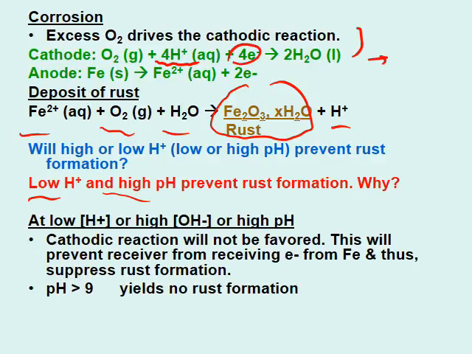If the cathode doesn't accept electrons, then electrons would not be thrown out by the anodic reaction, which gives off electrons. So basically you need to multiply by 2 in order to understand the overall reaction. So that's how it prevents rust formation. High pH is going to prevent or slow down rust formation.